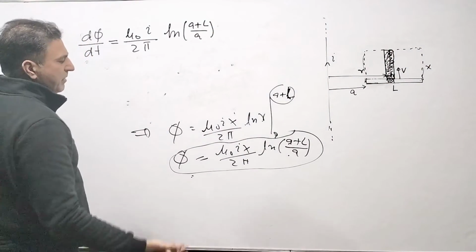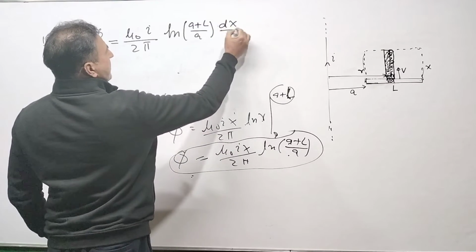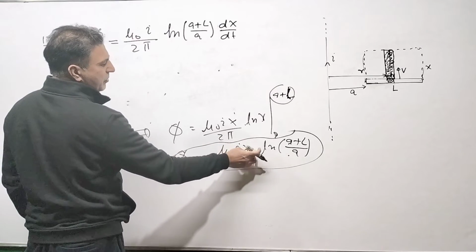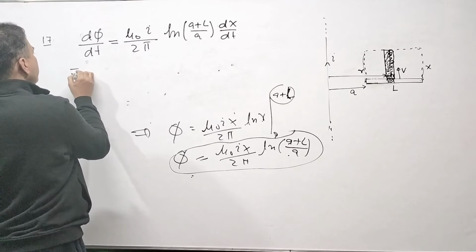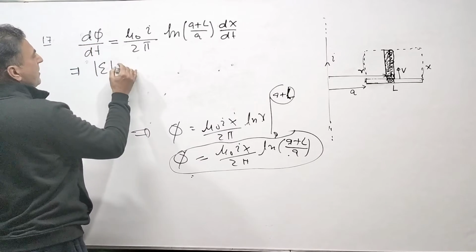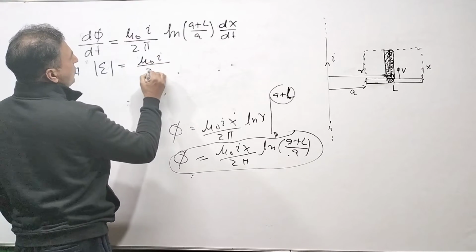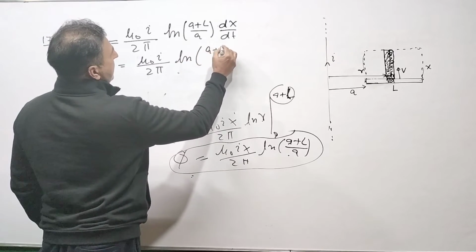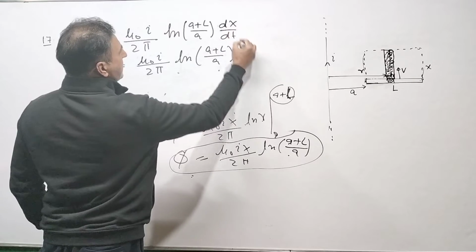But change in x is definitely velocity, so it is dx by dt. On the right side we need only differentiate this x. Other parameters are constant. So it is the induced EMF magnitude, otherwise it is negative. It is mu 0 I by 2 pi ln of A plus L by A into V.